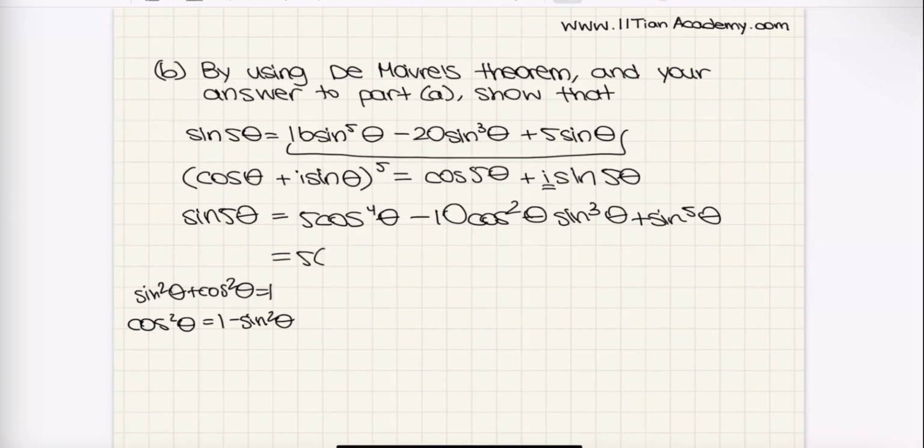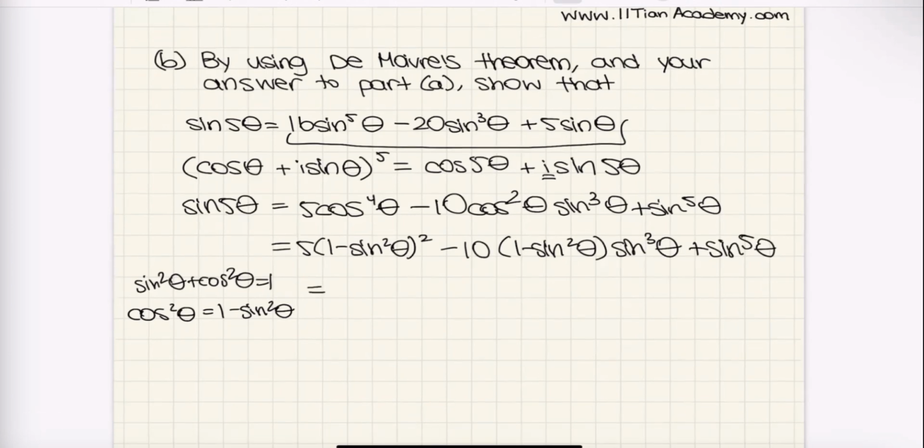So 5 times 1 minus sine squared theta to the power of 2 here, because we already have cos to the power of 4 theta there. And then minus 10 times cos squared theta, which again is just 1 minus sine squared theta, and then sine cubed theta can stay as is, plus sine to the power of 5 theta can also stay as is.